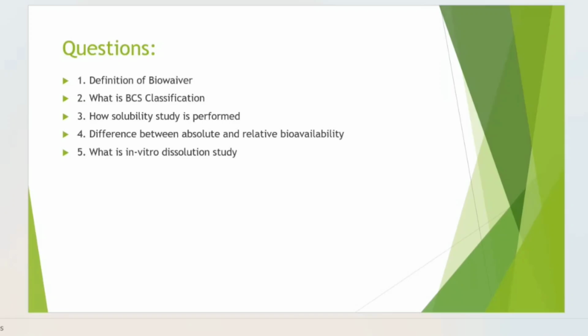Here are some questions. So, the definition of biowaiver. What is the definition? Yes, anyone? Biowaiver definition.